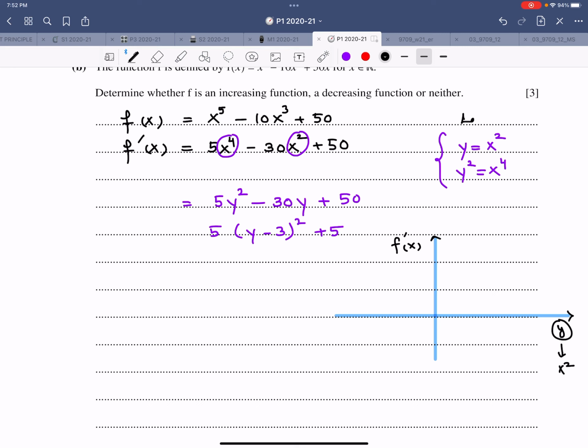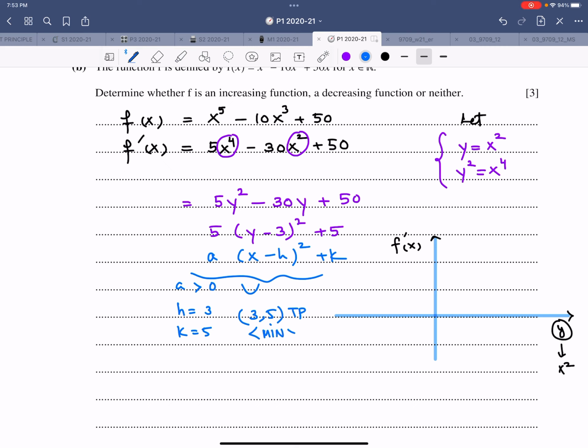So if I draw this graph and compare it with a times x minus h whole square plus k, our completed square form, the standard form, a is positive, so that is the shape, and h equals 3 and k comes out to be 5. So 3 comma 5 is the coordinate of a turning point, which is in fact a minimum.